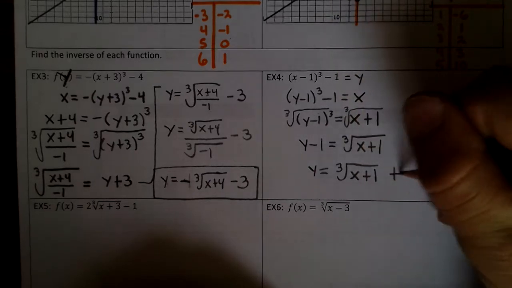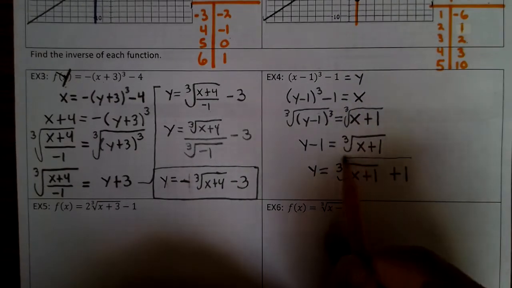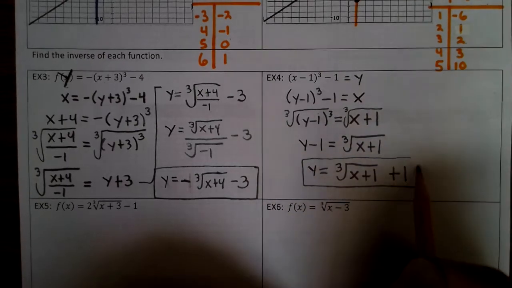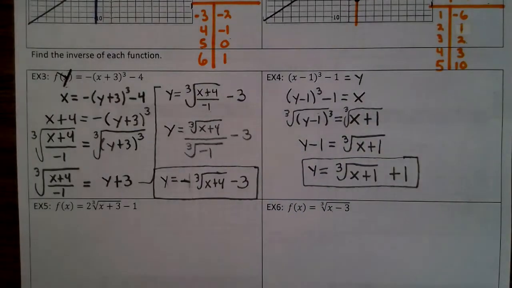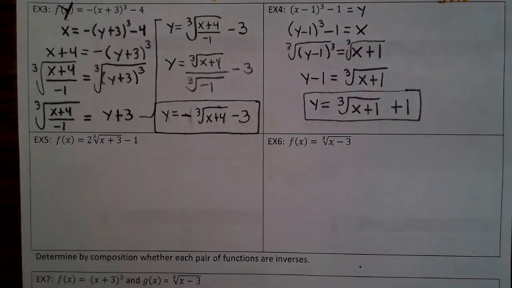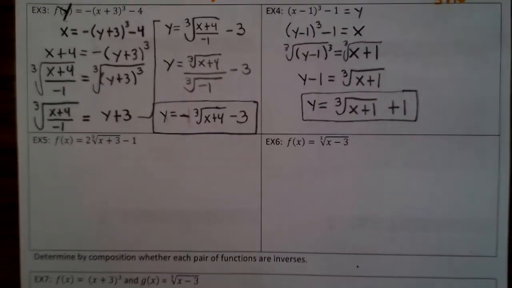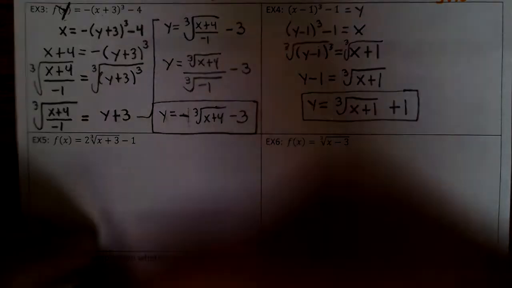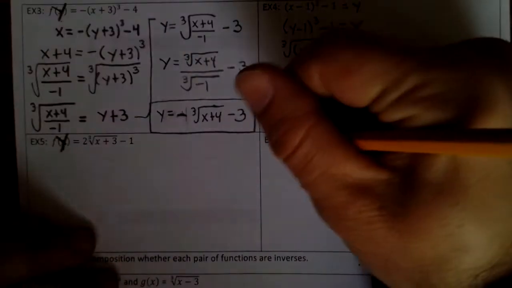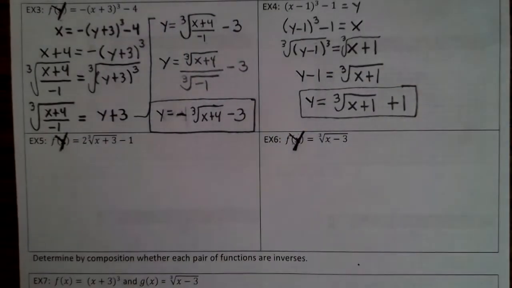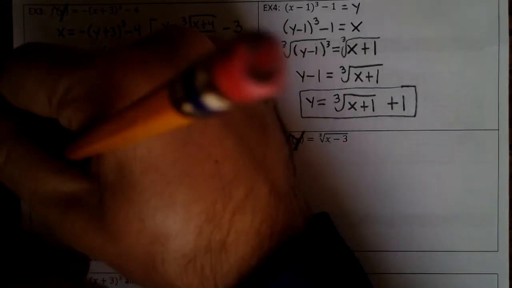Okay. Now let's take a look at example 5. Let's see if I get it a little unblurred. All right. First things first, change f of x to y. And let's do that on both of these now. Switch x and y. So x equals 2 times the cube root of y plus 3 minus 1.